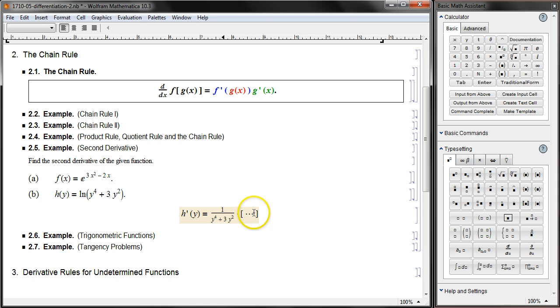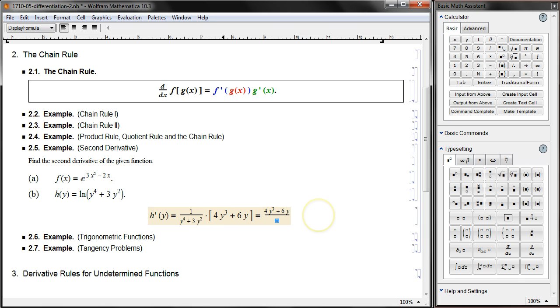By the chain rule, you have to multiply the derivative of the inside, which is 4y cubed plus 6y. In the end, what do you get? 4y cubed plus 6y over whatever we had before, y to the fourth power plus 3y squared.